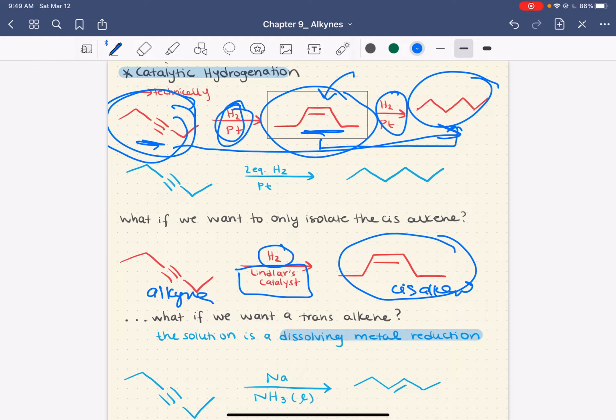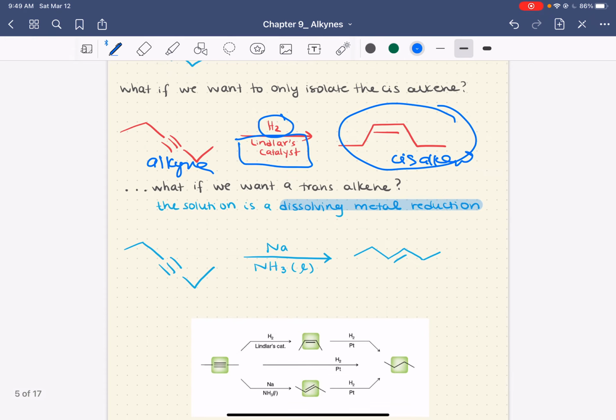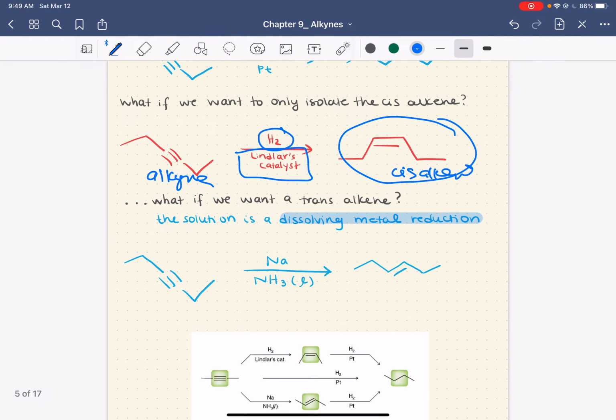Now what if you don't want a cis-alkene? What if you want a trans-alkene? Is there a way to accomplish this? Well, the answer is yes. And the reagents used for this reaction are actually sodium metal in liquid ammonia.